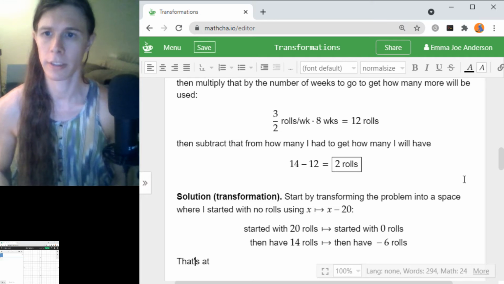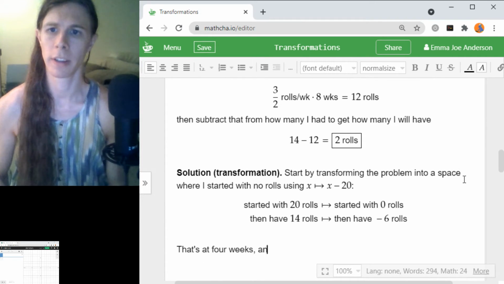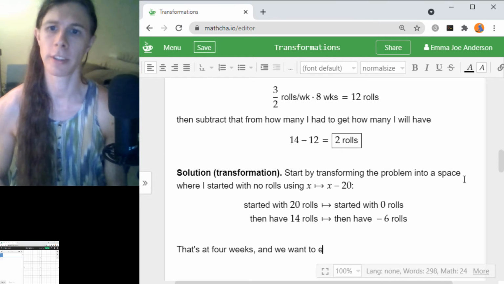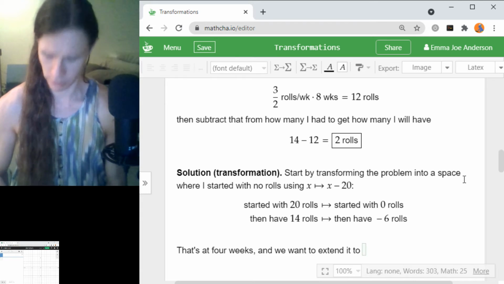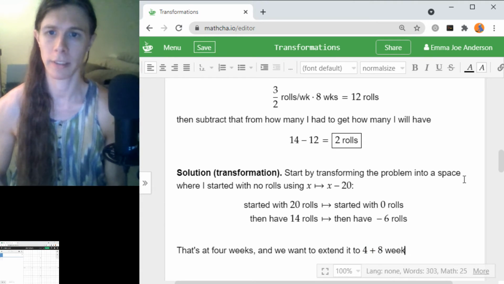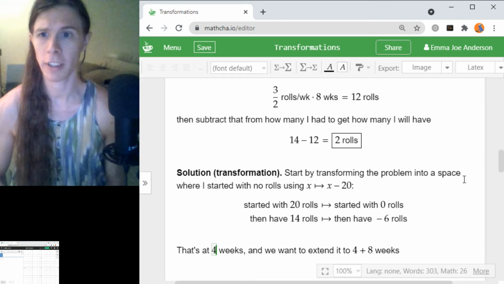That's at 4 weeks, and we want to extend it to 4 plus 8 weeks. That'll be easier to read, I think, with a number, don't you think?